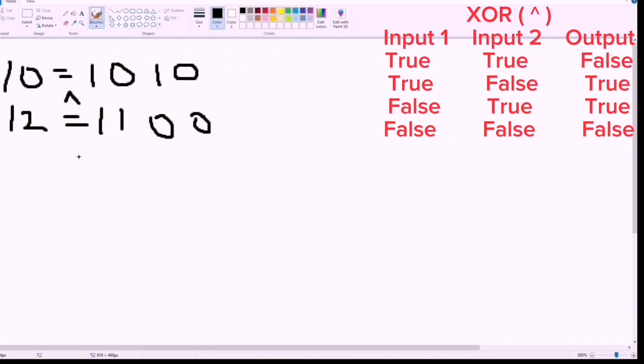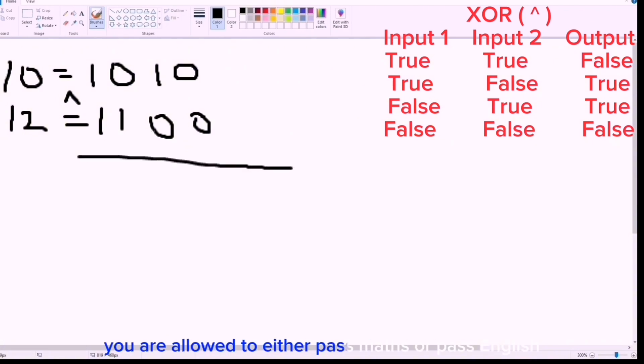That means you are allowed to either pass maths or pass English. If you pass both, you have failed. If you fail both, you have failed. But if you pass maths and you failed English, you enter the kingdom. If you failed English and you pass maths, you still enter the kingdom. But if you pass maths and pass English, you won't enter the kingdom. If you failed maths and failed English, you are not entering the kingdom.